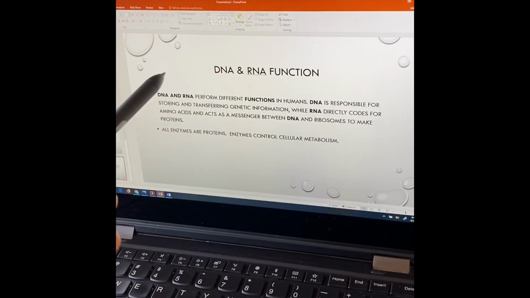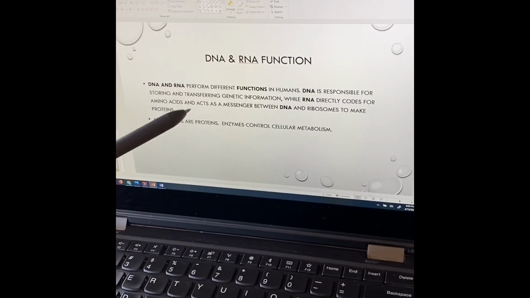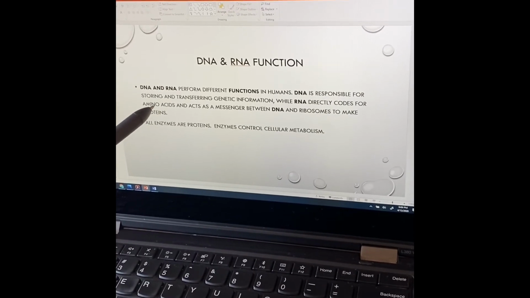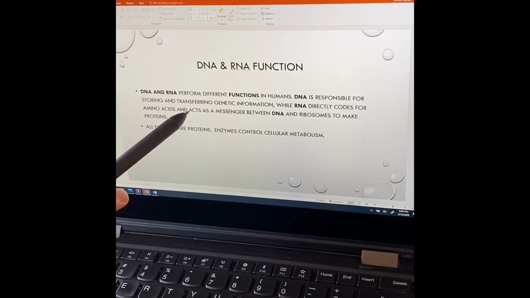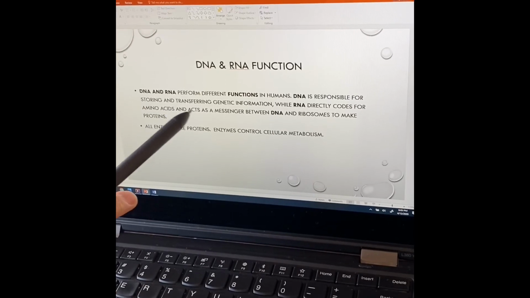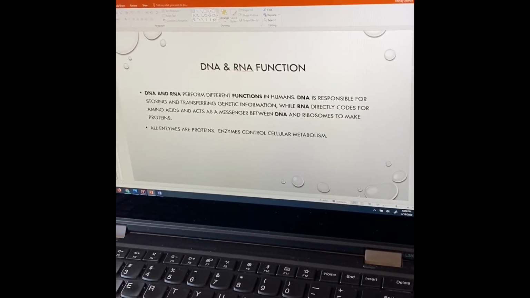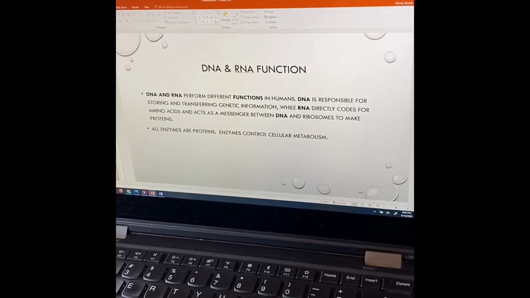Okay, the last part is the function of DNA and RNA. So DNA is the storage molecule, so it's huge, over 6 billion nucleotides, and it also is transferring genetic information, so it can be copied and shared in the new cells as mitosis and meiosis occur.